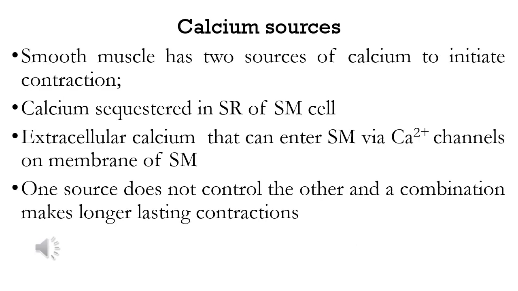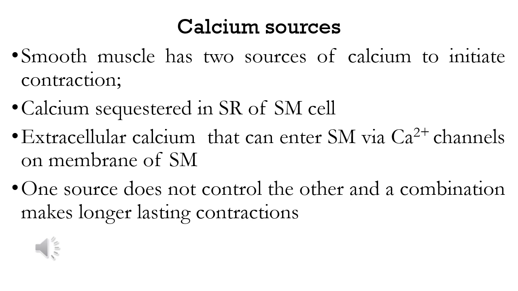In our talk about electrical and mechanical coupling, we have been saying the whole point of the electrical activities is to provide calcium so that the mechanical component can take place. For smooth muscle, we see two sources of calcium.